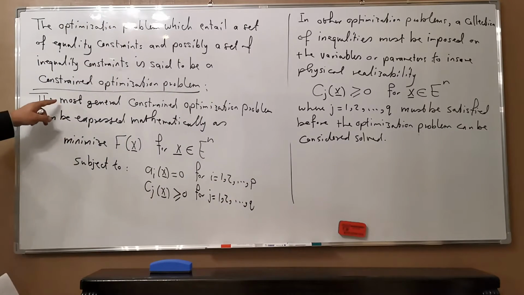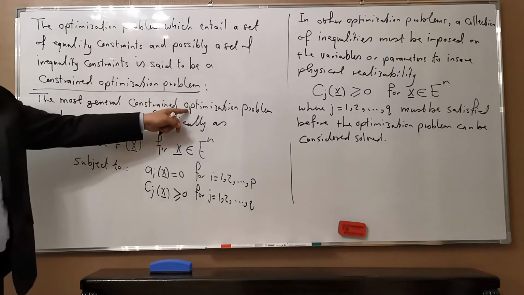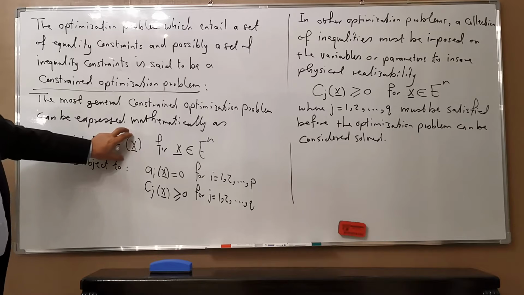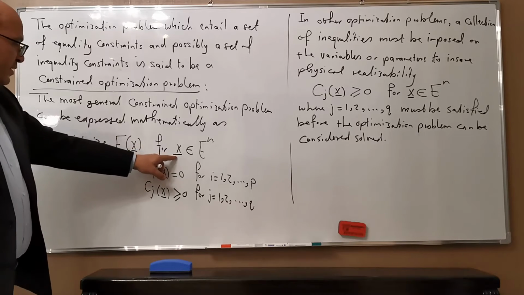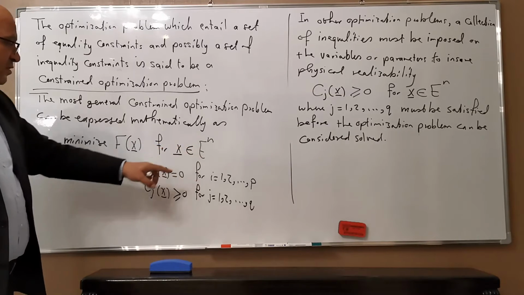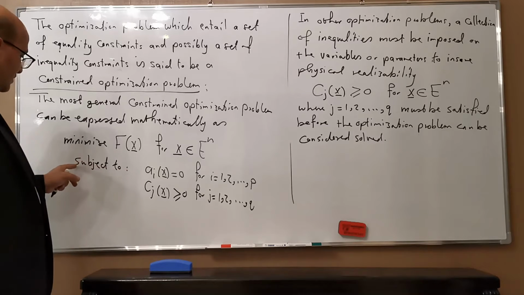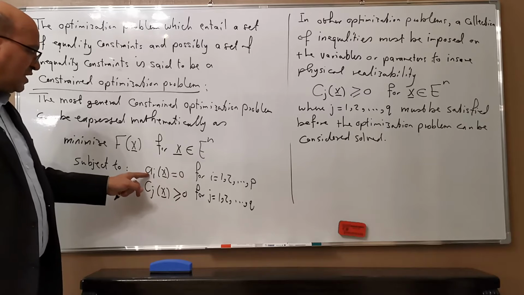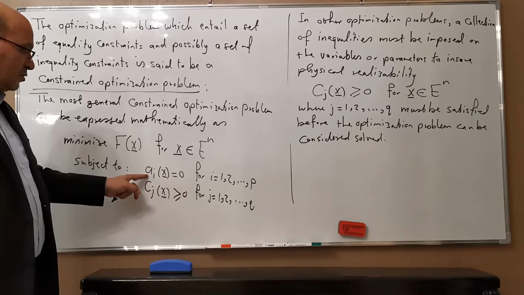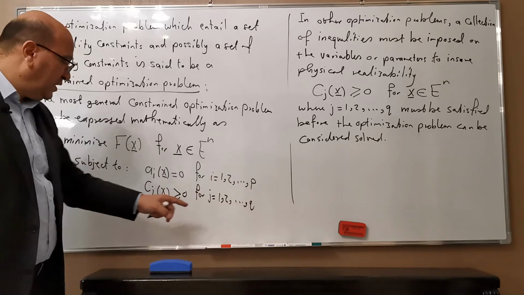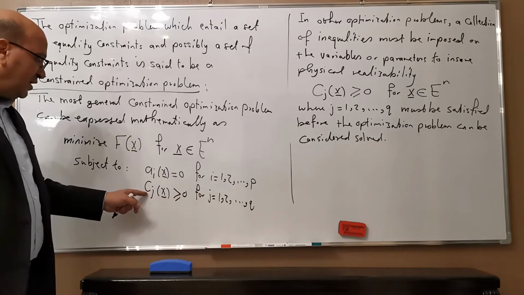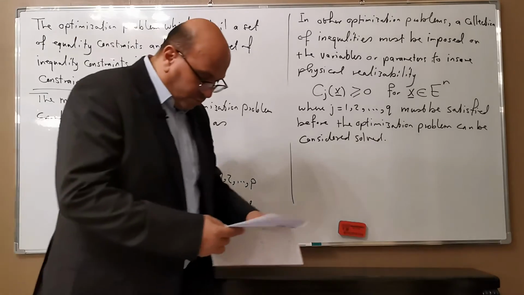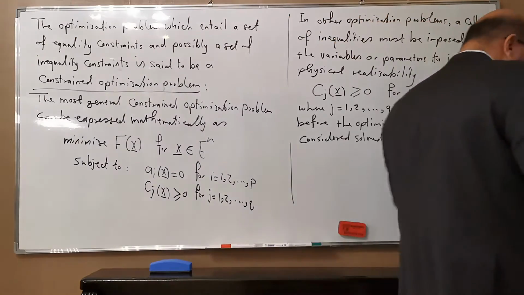So this is the most general constraint optimization problem. Minimize the performance index or the cost function where x is a vector belongs to the nth Euclidean space, subject to a i of x, the set of equality constraints from i equals 1 to p, and another set of inequalities from j equals 1 to q.